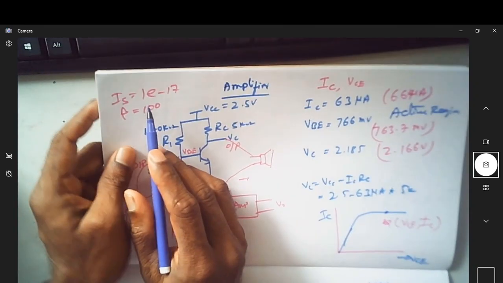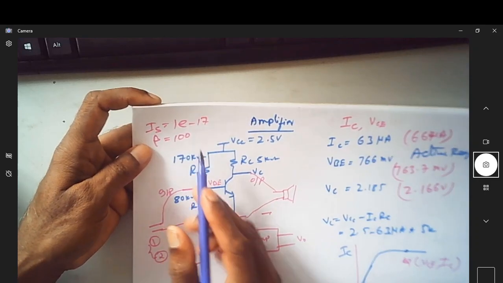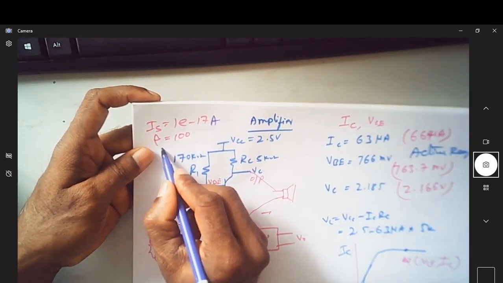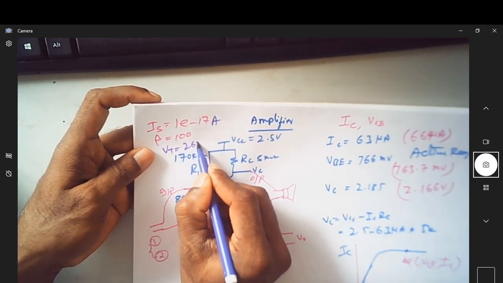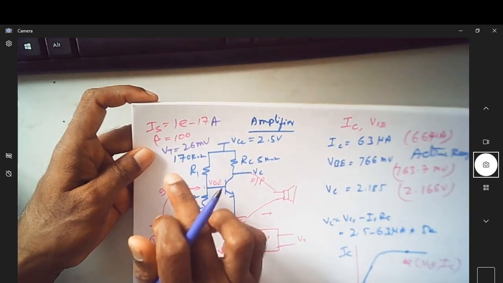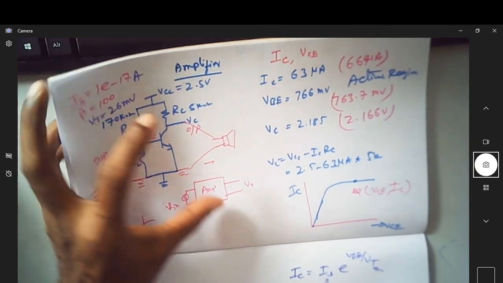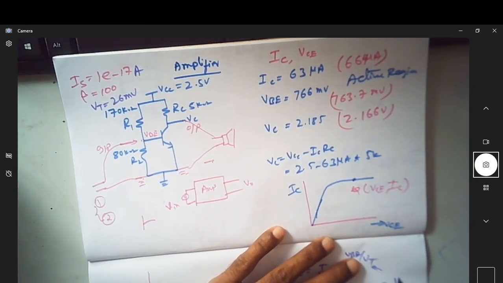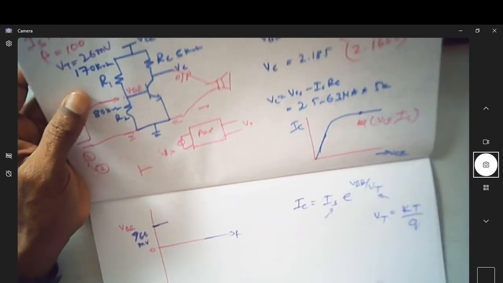IS is 1 into e power minus 17 ampere, and of course VT is 26 millivolt, which we call the thermal voltage. As I already said in the previous videos, it is KT by Q.